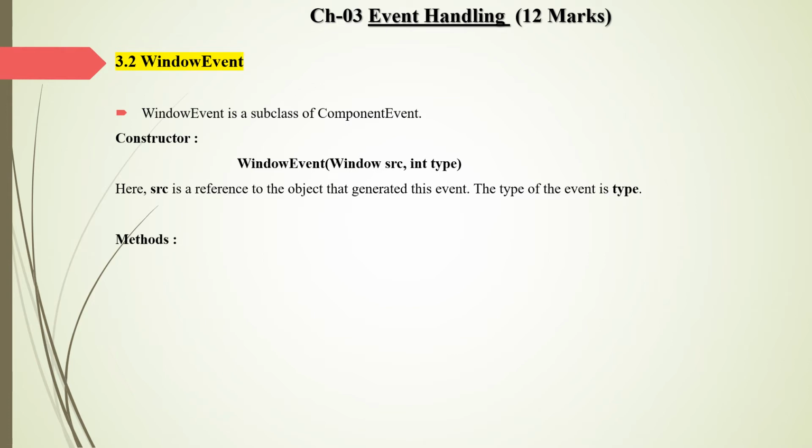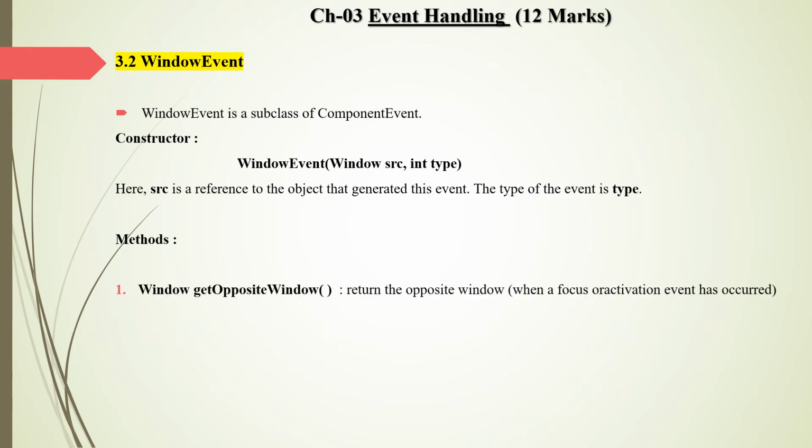Then the next one, we see the methods of WindowEvent. First method is getOppositeWindow, with O capital and W capital. This method returns the opposite window. That means when a focus or activation window event has occurred, this method returns the window object of that window. Second method, integer getOldState.